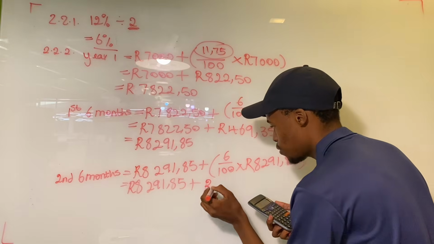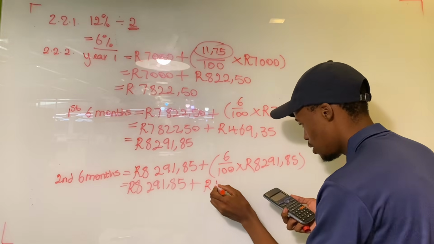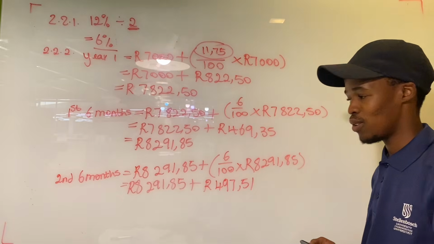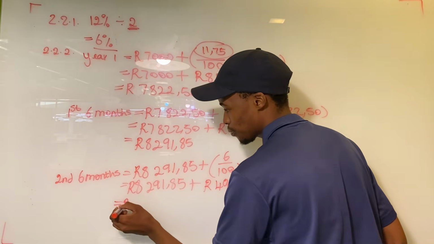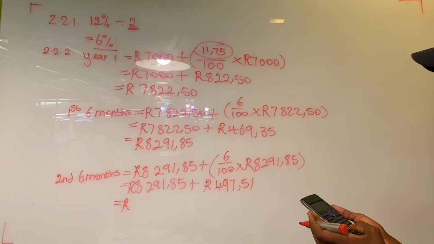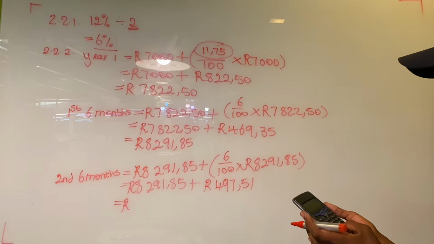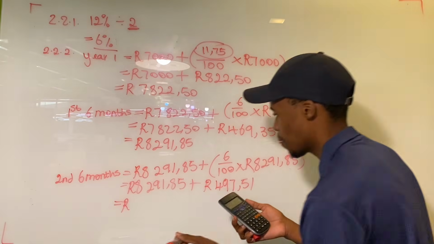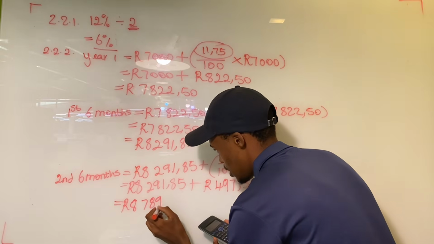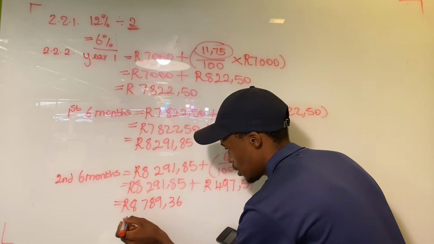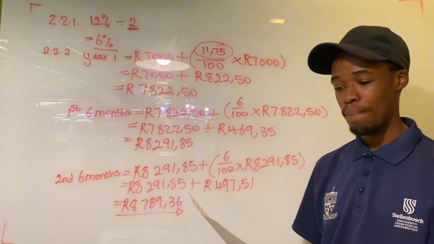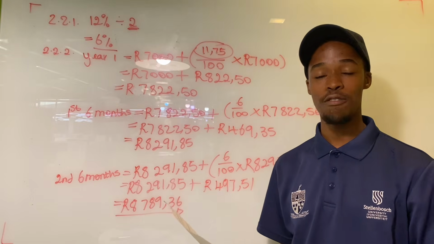And the interest for the last 6 months is 497 rands 51 cents. Okay, we add them together now, plus 8,291.85. So our final answer is 8,789.36. So this is the total amount of money that Lambert has to pay his friend back.